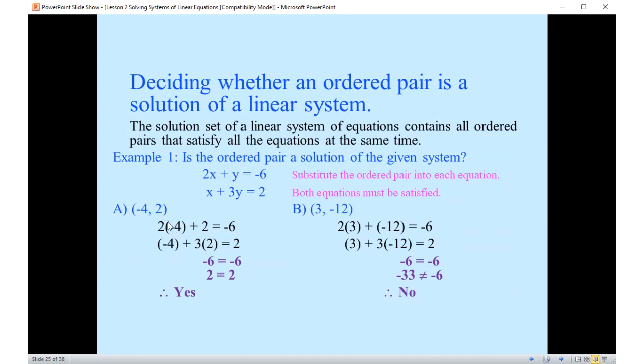That means negative 4, 2 is where these two lines cross. The other one, 3, negative 12, does not work in both equations. It works in the first one, which means that 3, negative 12 is a point on the first line, but it's not a point on the second line.